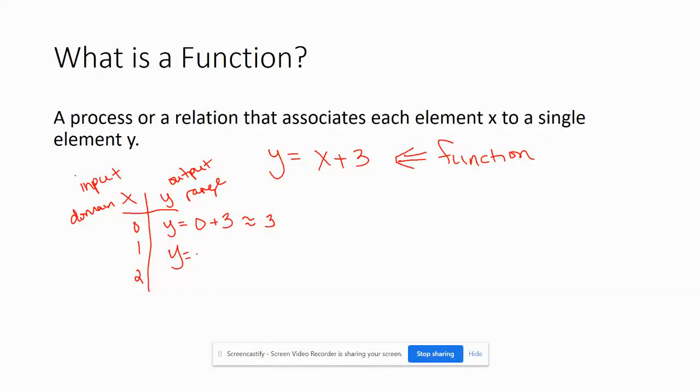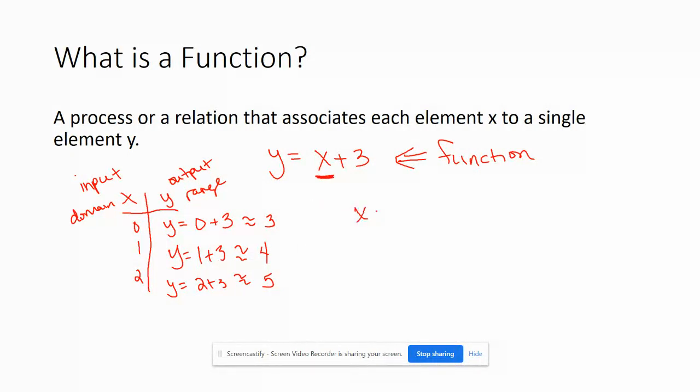So 1 plus 3 equals 4. Y equals, let's do the third one, number 2. 2 plus 3 equals 5. So notice I just input my x every time where the x is in my function.